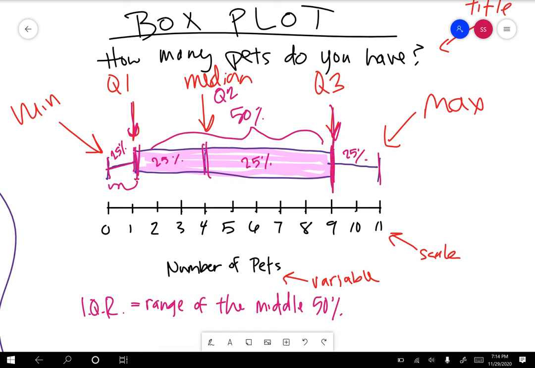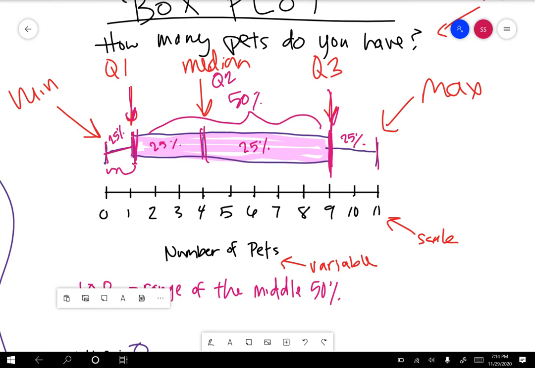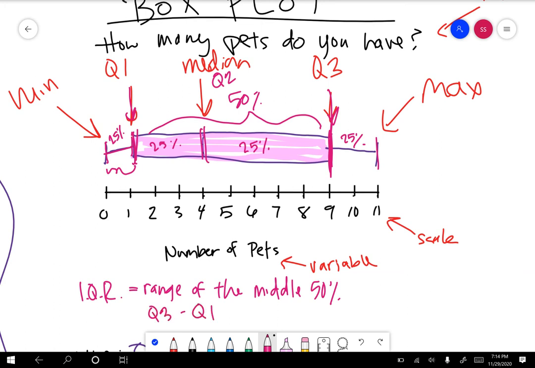Okay. So let's do that together. So basically your IQR, to calculate it, you take your Q3 and you subtract your Q1. That equals your IQR. So in this case, our Q3 was 9, our Q1 was 1. So 9 minus 1 is 8.